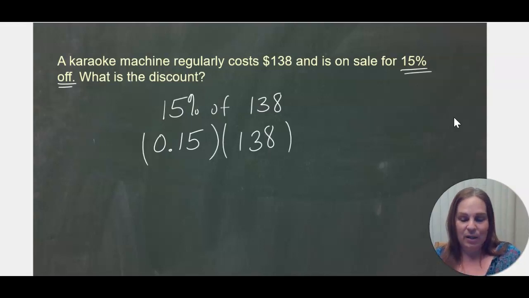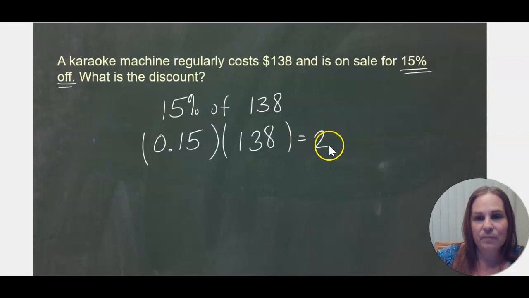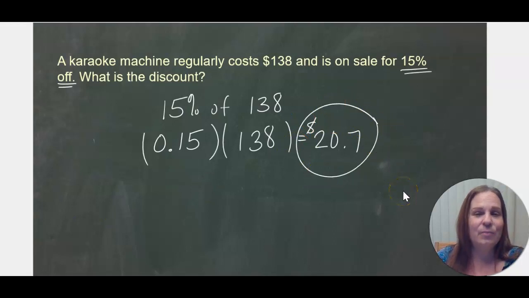So I'm going to do that here. 0.15 times 138 equals 20.7. That's the discount I get to take off, but I wouldn't say 20.7, right? You wouldn't say $20.7. So to make it money, we add that 0 so it goes to the hundredths place.